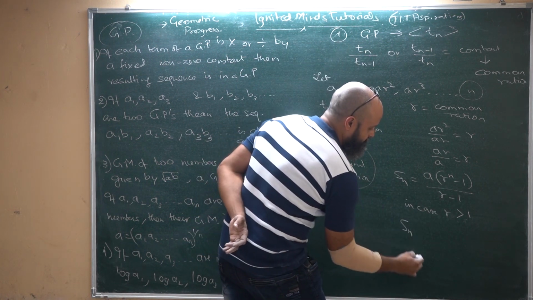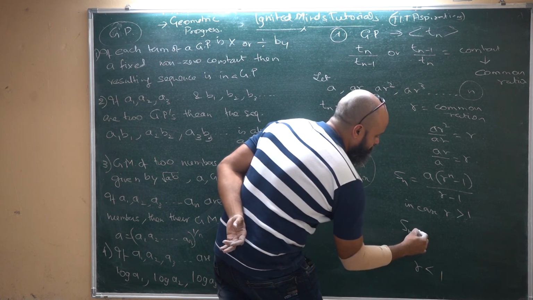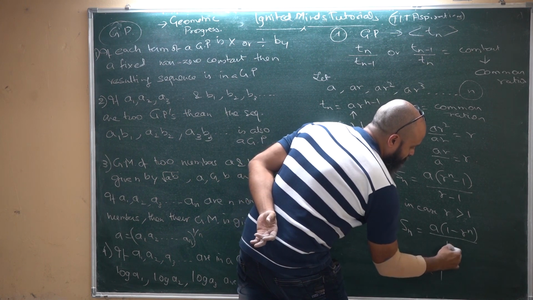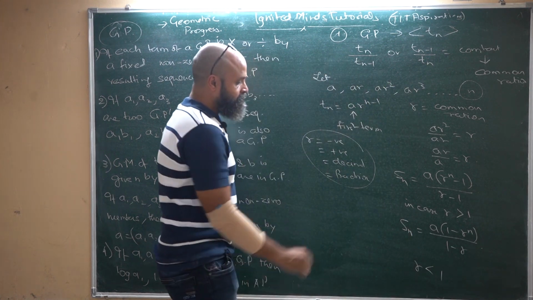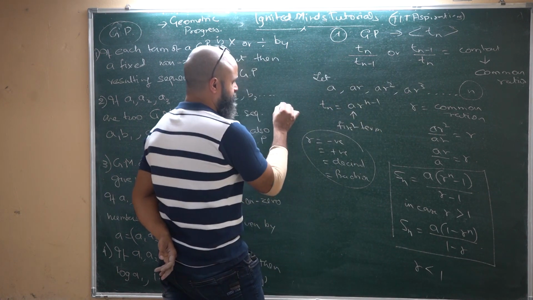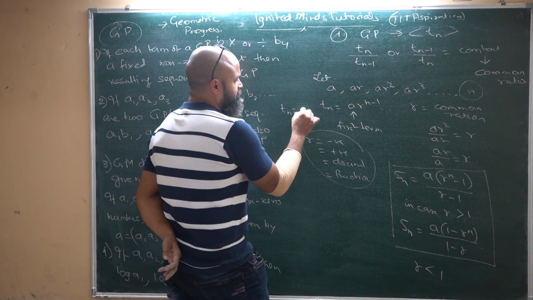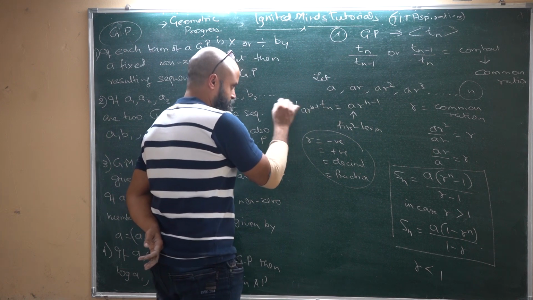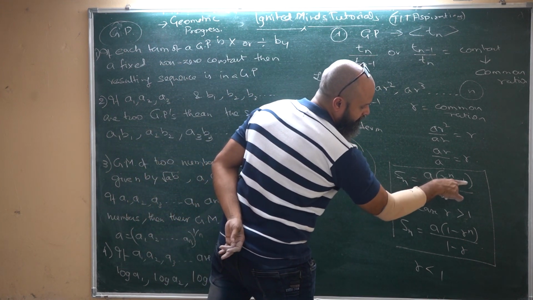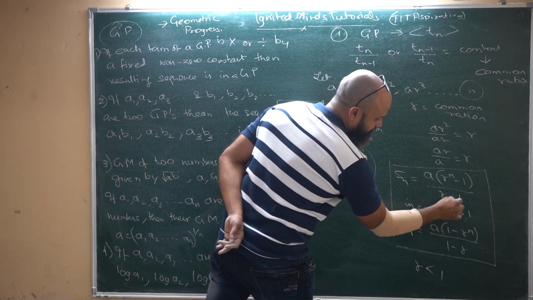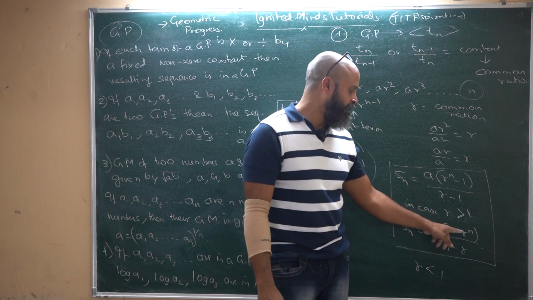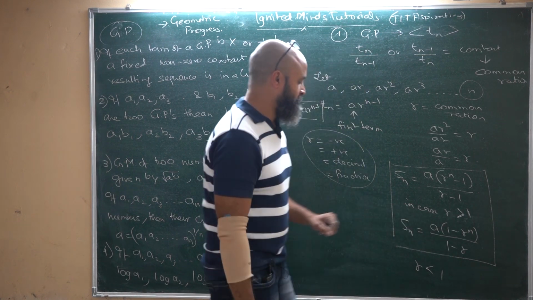And in case R is less than 1, then we have A(1 - R^n) upon (1 - R). So these are the things that you have to remember. In case of a GP, the nth term is AR^(n-1), and the sum of n terms is A(R^n - 1) upon (R - 1) in case R is greater than 1, and in case R is less than 1, this will be A(1 - R^n) upon (1 - R).